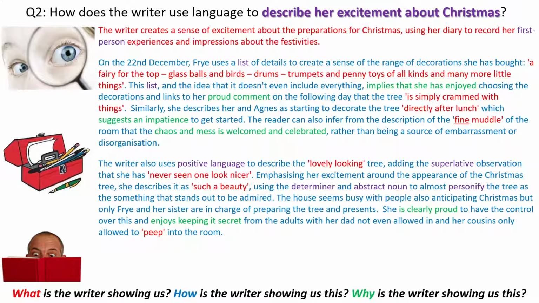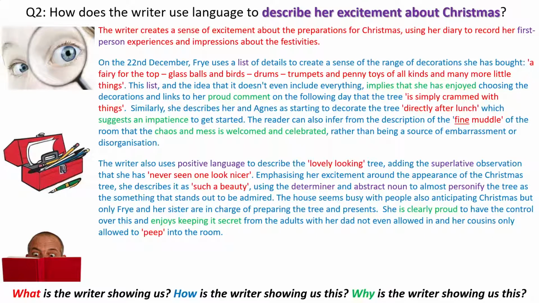So let's move on. The writer also uses positive language to describe the lovely looking tree, adding the superlative observation that she has never seen one look nicer. Emphasising her excitement around the appearance of the Christmas tree, she describes it as such a beauty, using the determiner, an abstract noun, to almost personify the tree as something that stands out to be admired.